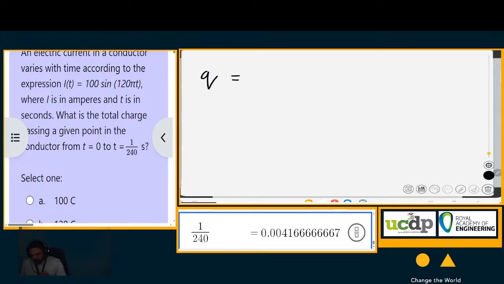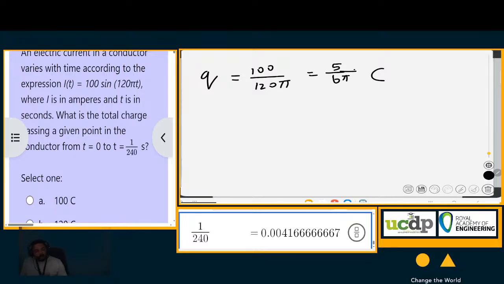If you plug that into your calculator, you get that q is equal to 100 over 120 pi, which is just 5 over 6 pi, and this is in terms of coulomb. So 5 over 6 pi coulomb.